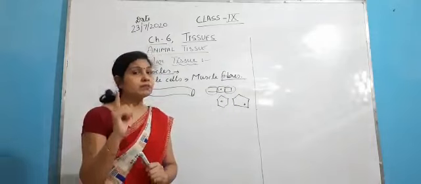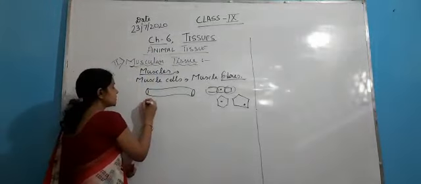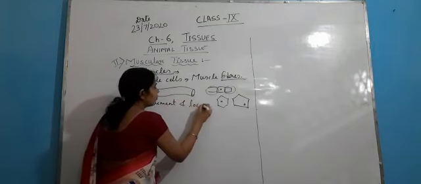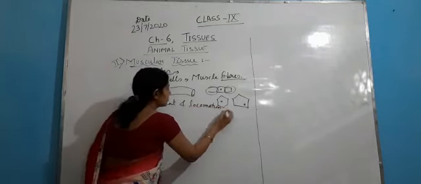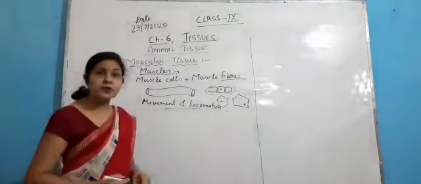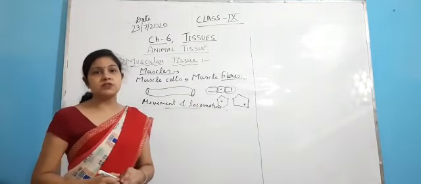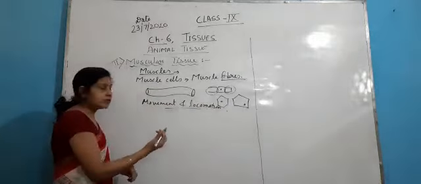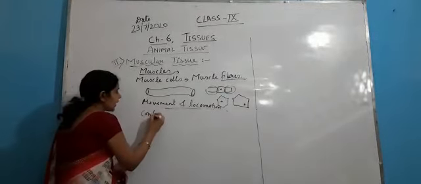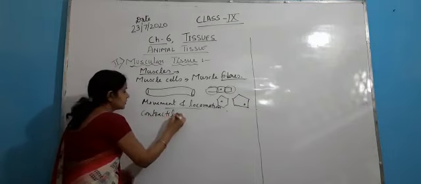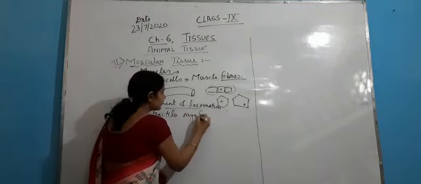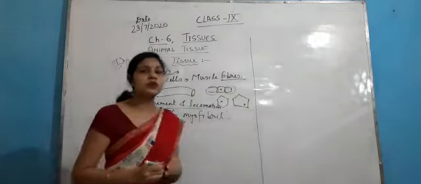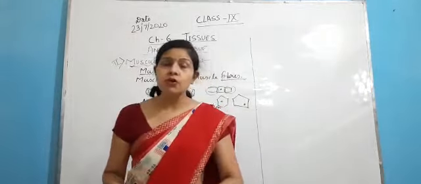Now I told you that muscle tissue basically helps in movement and locomotion, because it has some special features. What are these special features? Actually, these muscle cells, or muscle fibers, consist of contractile myofibrils. Contractile means to contract. When anything contracts, it also relaxes.